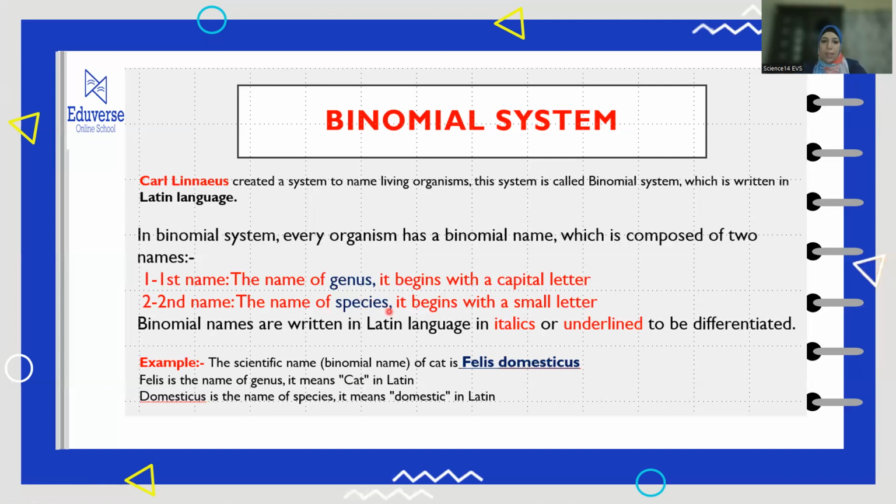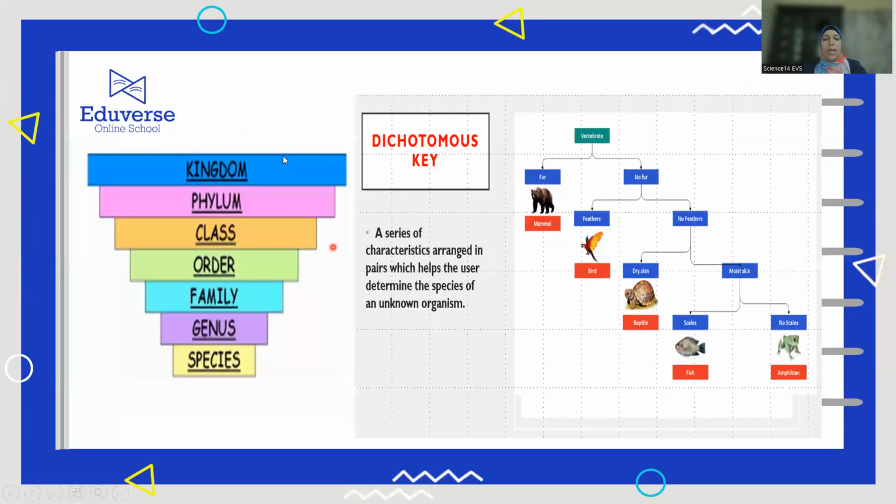Let's discuss firstly what's meant by the genus and the species. It's the taxonomy hierarchy. Taxonomy hierarchy is the arrangement of living organisms in different categories according to the similarities between them. So the largest number of individuals are in the kingdom.